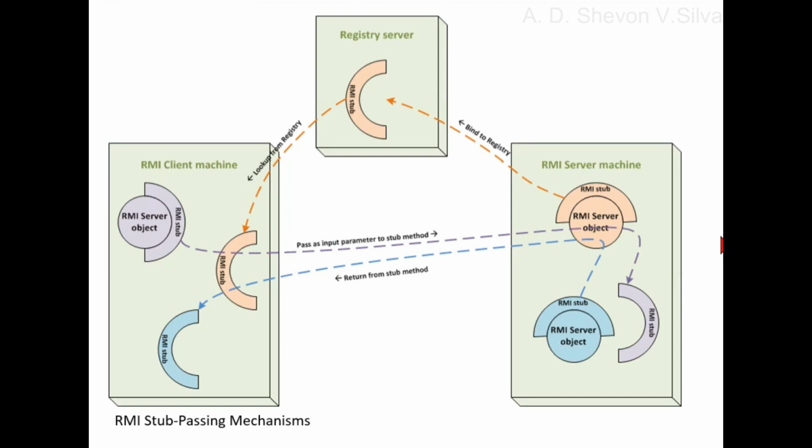But consider the fact that the stub is really just an object that is instantiated on the same machine as the RMI server, that the registry serializes and sends to the RMI client.